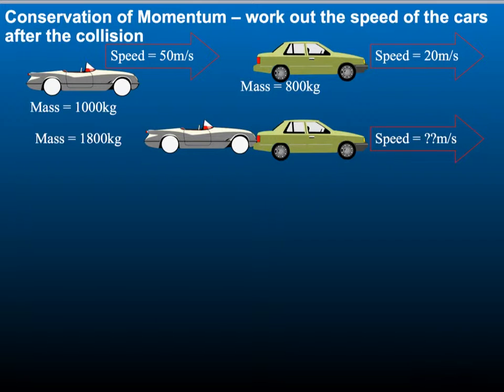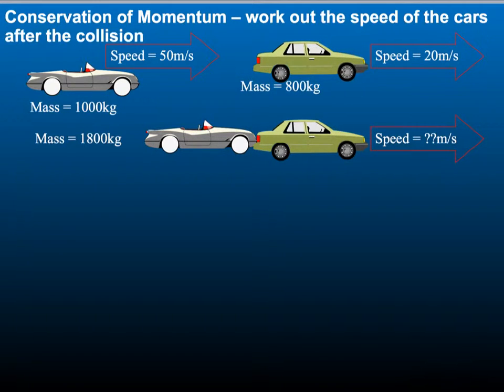That means the mass of that new object is the masses of the individual cars added together. So the mass of this object is now 1,800, which comes from 1,000 plus 800. And the question is asking us to calculate the speed that the two cars move away with.